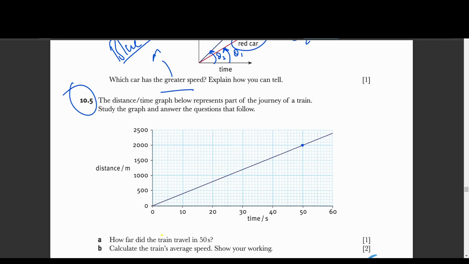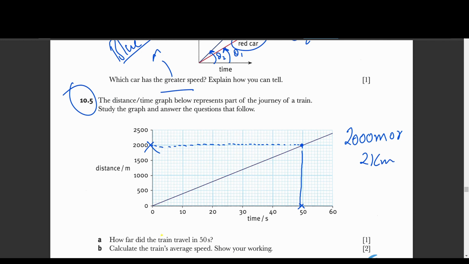Now in order to check that, we have to first note where 50 seconds is lying. This is the point. Drop a perpendicular, and in order to find the distance corresponding to this time, you drop a perpendicular on the y-axis. The point at which it cuts the y-axis will be your distance. So that would be 2000 meter or 2 kilometers.